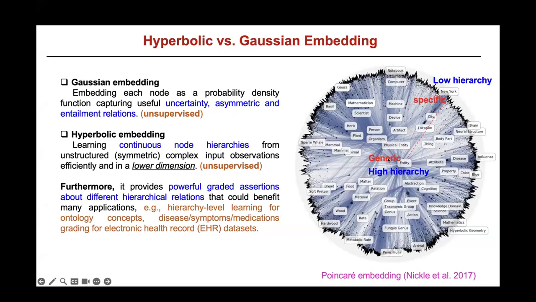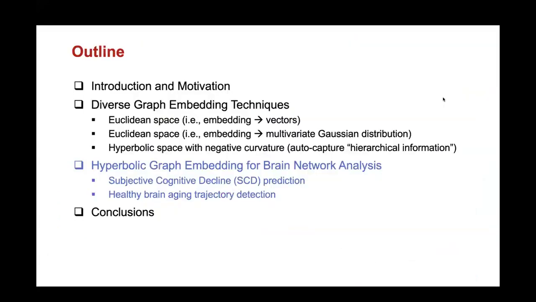In the center of the Poincare disk, the words are more generic and have a high hierarchy, and moving toward the boundary, we go to location, to city, to New York. It becomes more and more specific, with a lower hierarchy. This is a very important property for studying brain networks. That's why we want to choose this approach to study brain disease and also aging trajectory detection over time.